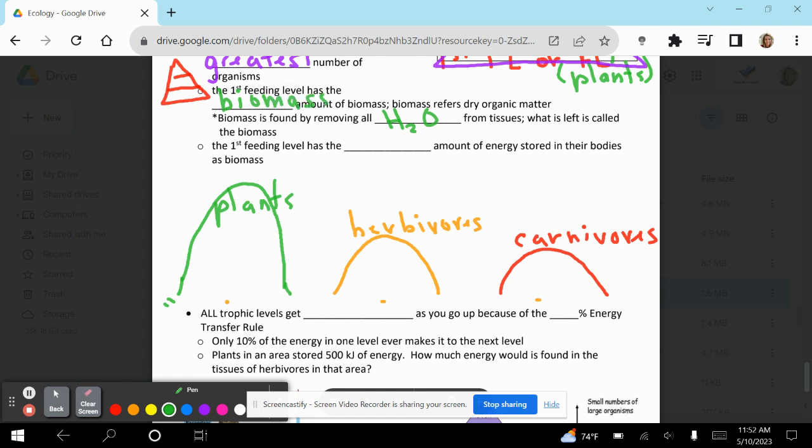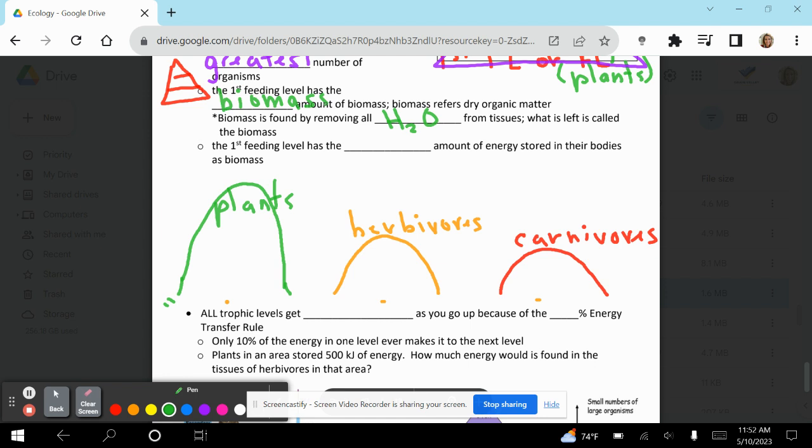The biomass is basically, after you take out the water, you're going to be left with proteins, carbs, lipids, and nucleic acids. We would still have the biggest pile, even after we remove all the water, is going to be the pile of plants. So in an ecosystem, the plants make up the greatest amount of biomass in that ecosystem. And in that biomass, they're storing energy.